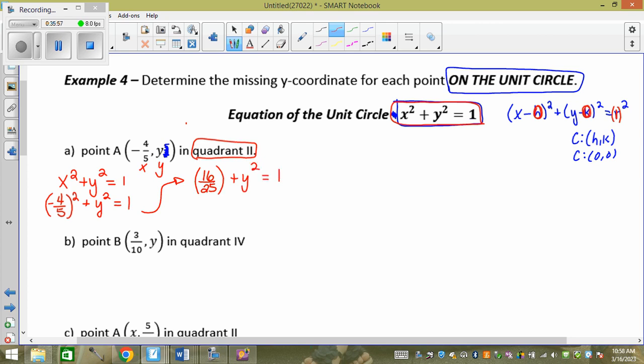What do I have to move next? 16 over 25, by doing what to it? Subtracting it. So I will get 25 over 25 minus 16 over 25. You need to be able to do this: 1 minus 16 over 25 in a fraction. That gives 9 over 25.